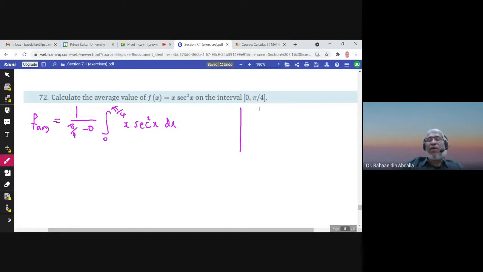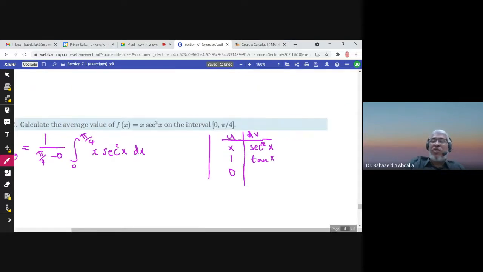And luckily, we have u as the function x, which has derivative 1, then 0. And dv is secant square x. Well, integral of secant square is tan x, because the derivative of tan is secant square.